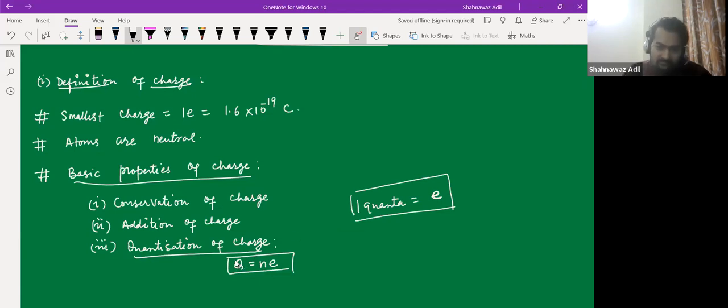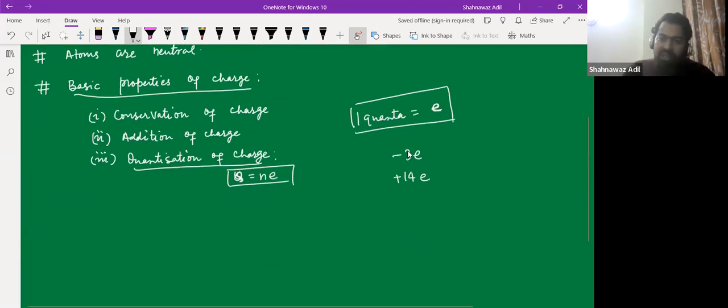Let's say some material has three extra electrons, and let's say some other has had 14 electrons removed. Then the charge would be 14 plus 3. So the total charge would be just integers, because electrons are an integral quantity, right?